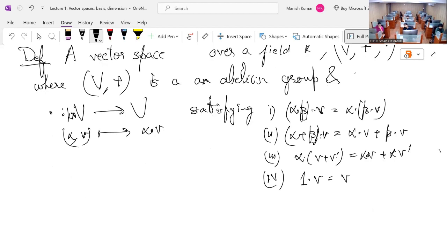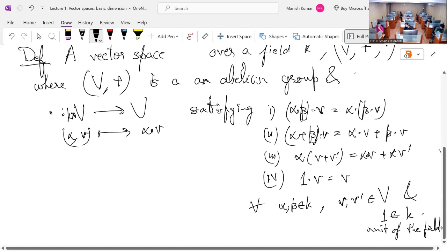Here alpha and beta are in K, so this holds for all alpha, beta in K and v, v prime in V, and one is the unit element of the field K.